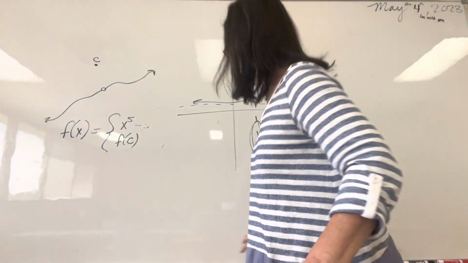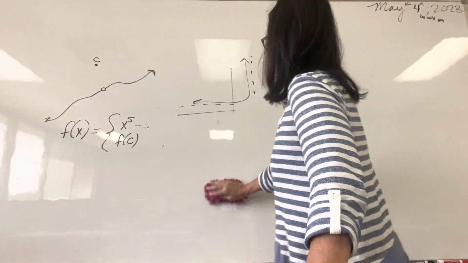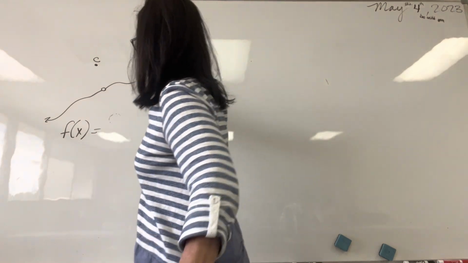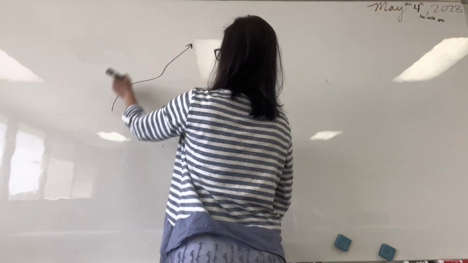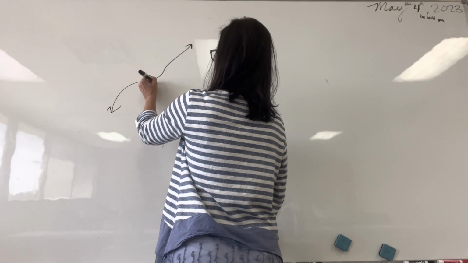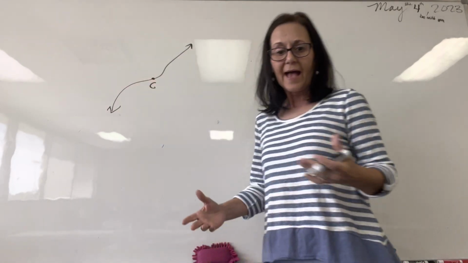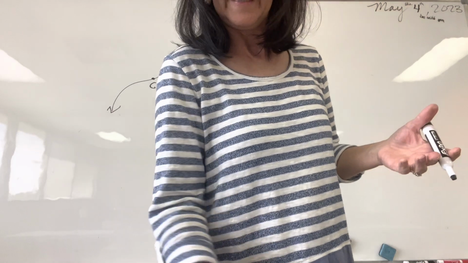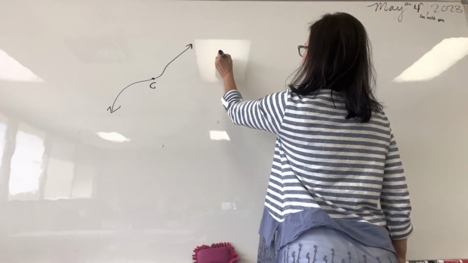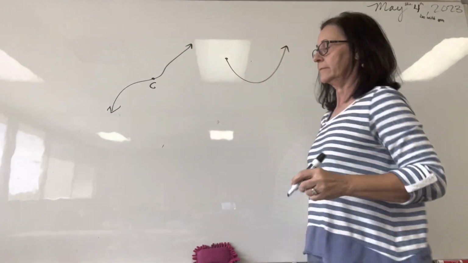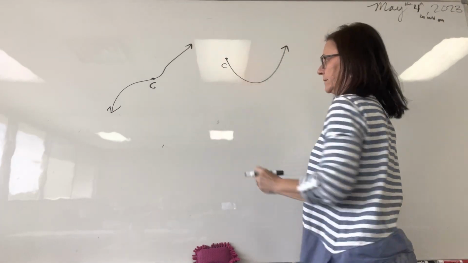One of the images has the point in the middle of the graph. That is C. That's an interior point on the graph. The other one has it at an end point. C is at the end point.